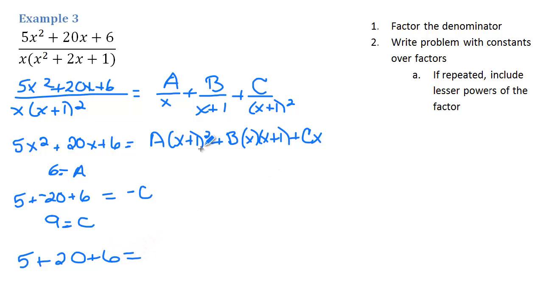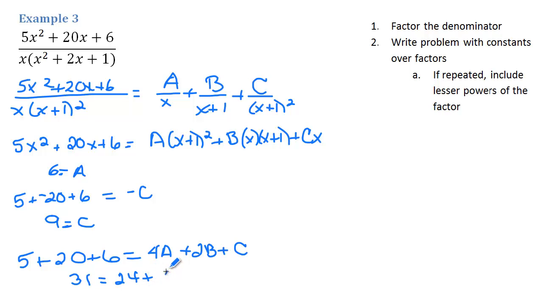is equal to 1 plus 1 is 2, 2 squared is 4, plus 1 plus 1 is 2 times 1 is 2 times b, plus 1 times c. So we have a total of 25, 31 equals, we know A is 6, 4 times 6.